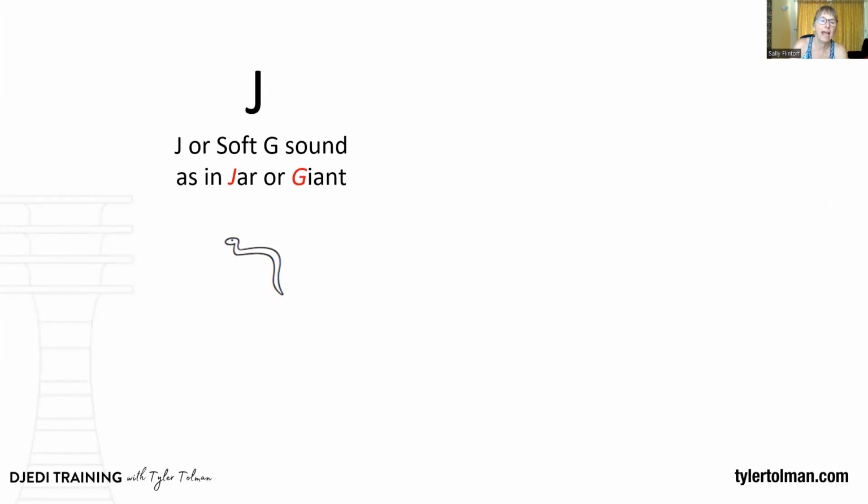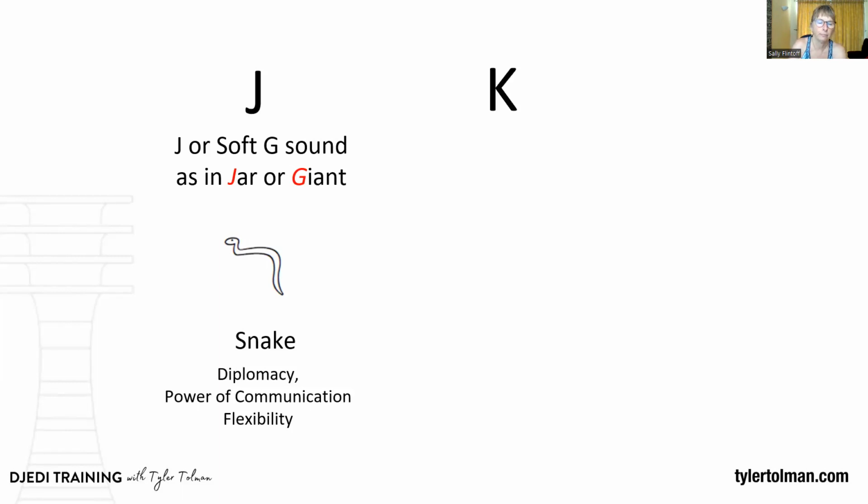This is a snake and it's black. It represents diplomacy, the power of communication, and flexibility. You think about a snake, incredibly flexible body, if you like.